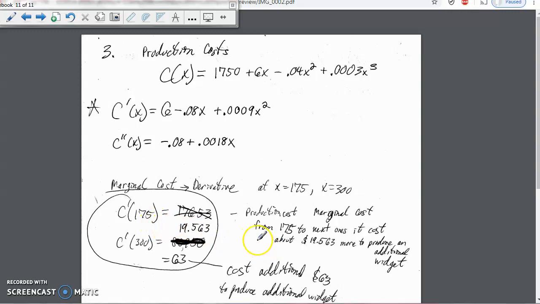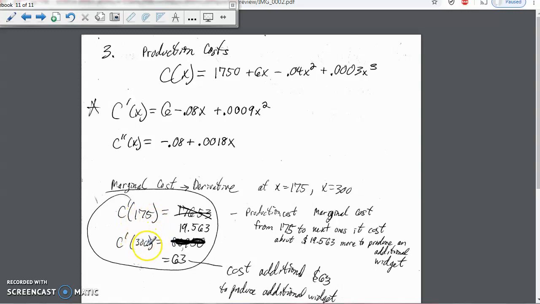So the answer key said for the 176th widget, it would cost about $19.56 to produce. So the change in cost between each widget would be about 19.56, around 175 widgets.